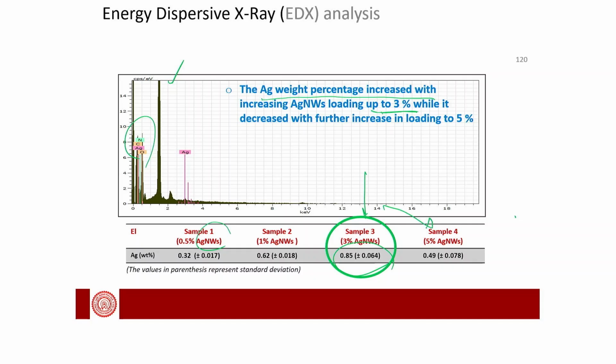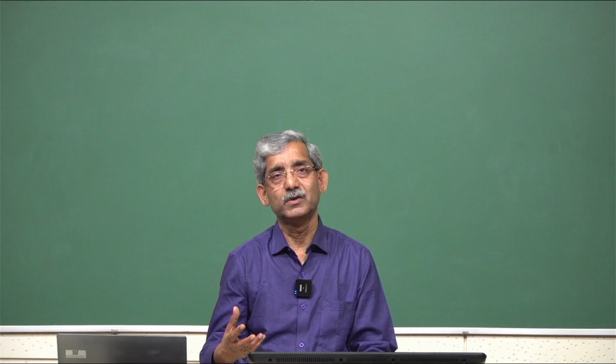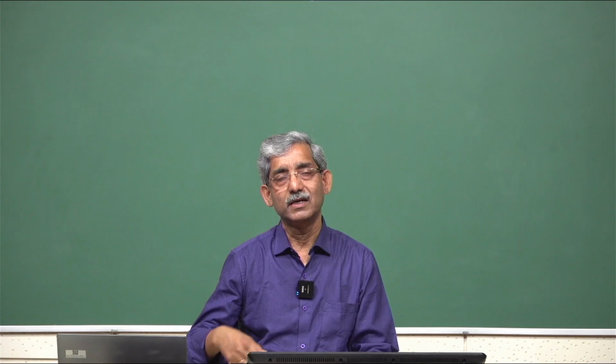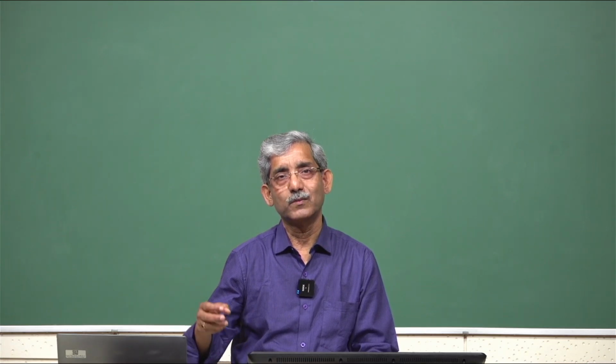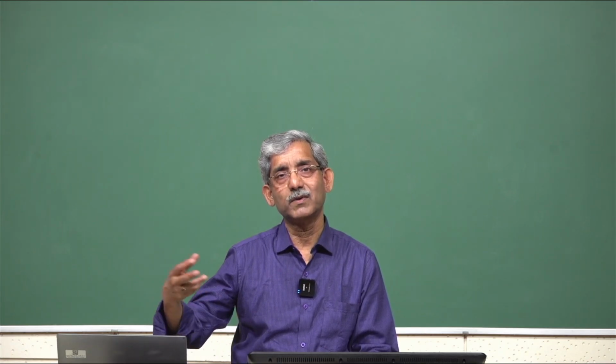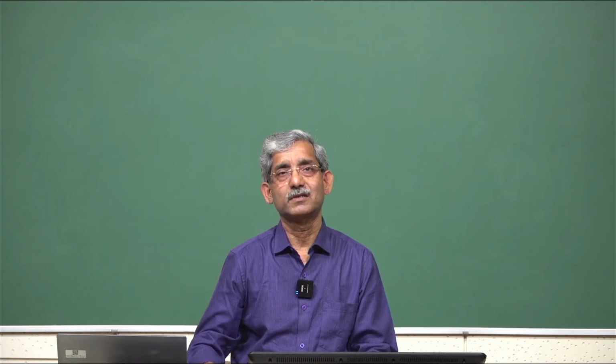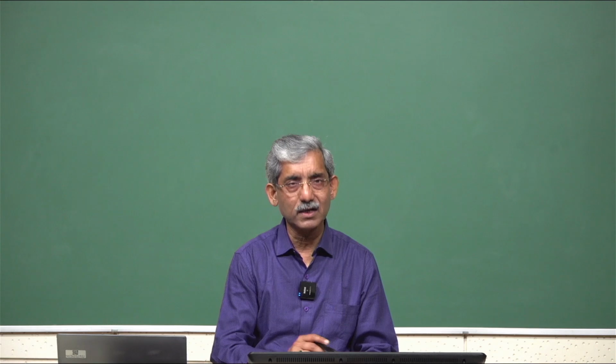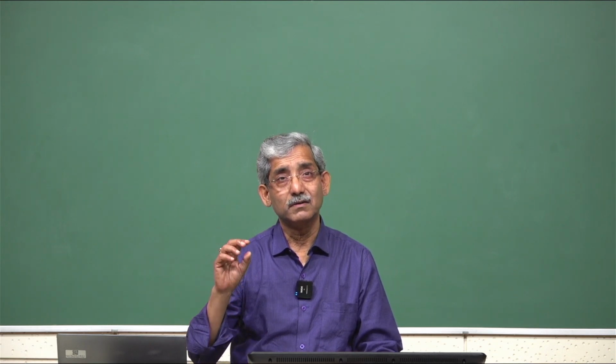This may be due to the agglomeration which takes place when we increase the silver nanowire content in the mixture. So, beyond 3% the agglomeration starts.